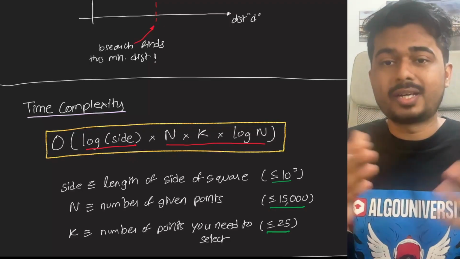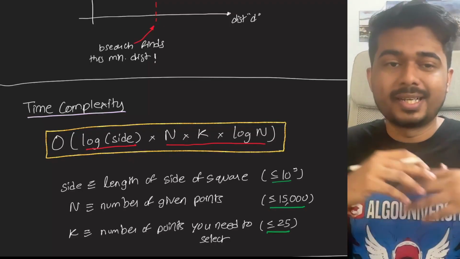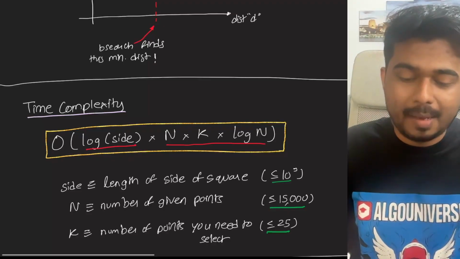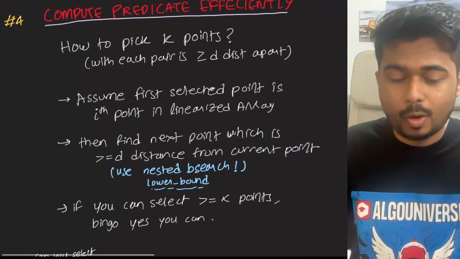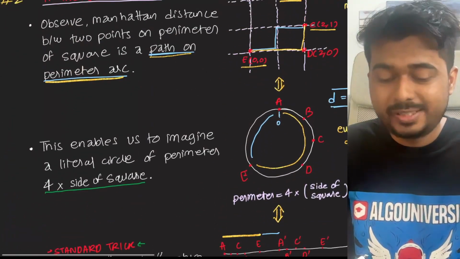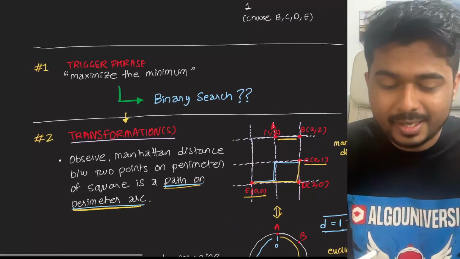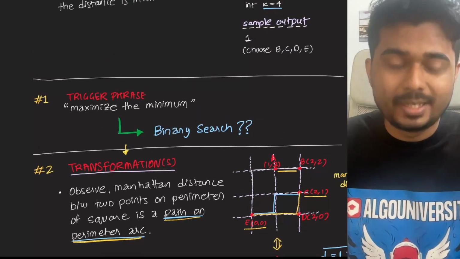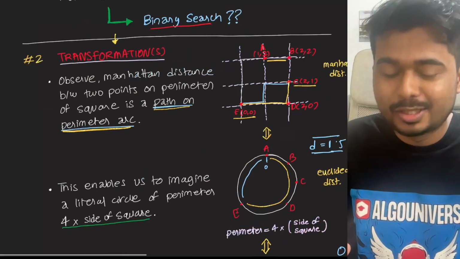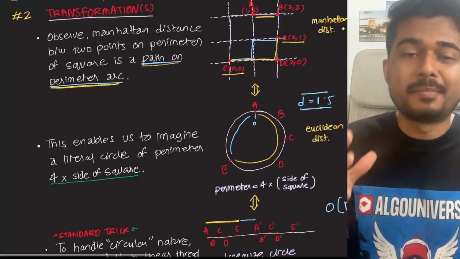So this was the hardest problem of today's contest. In my opinion, it is not so hard once you are able to apply these transformations. But what I really loved about this problem is that it required a sequence of steps. We were able to figure out that maybe we can use binary search to solve this problem, but how do you apply binary search on a two-dimensional grid, two-dimensional points?